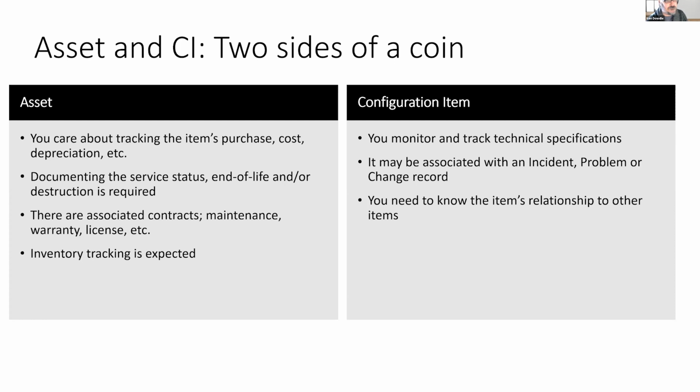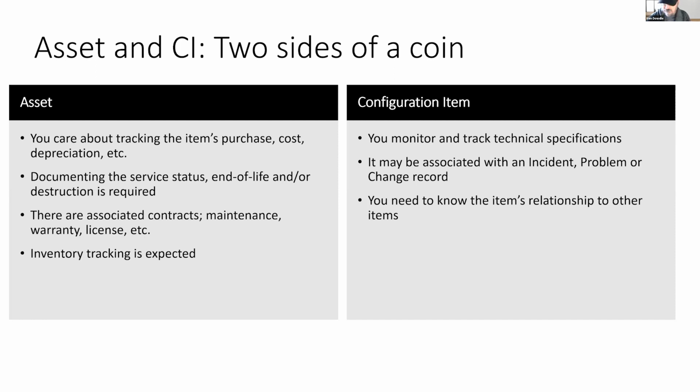So if something is broken or you need something changed in your infrastructure, that's where you would associate incident, problem, change. And key to the CMDB, you need to know what its relationship is. So a server, for example, could be a virtual server, which wouldn't be an asset, but it's related to, say, a physical ESX box that maybe runs an application server related to a database, things like that.